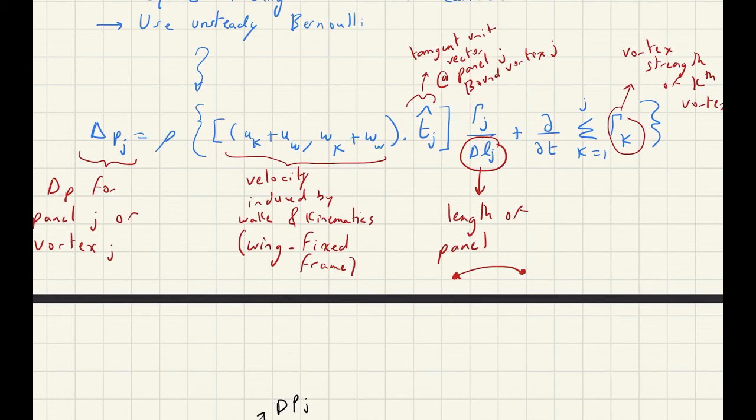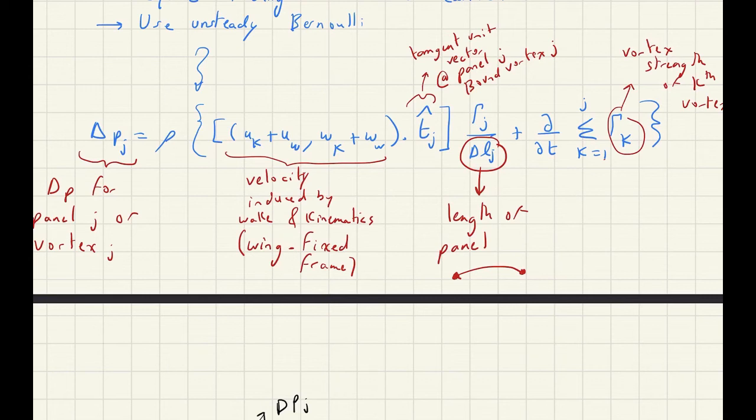And then for the second term, since you are at the fourth vortex, you sum the vortex strength from the first bound vortex to the fourth bound vortex, and you take the partial derivative of that in time. So you essentially would have this term for the earlier time step and this term here for the current time step, and you could use, for example, Euler's method to take the derivative of that expression in time.